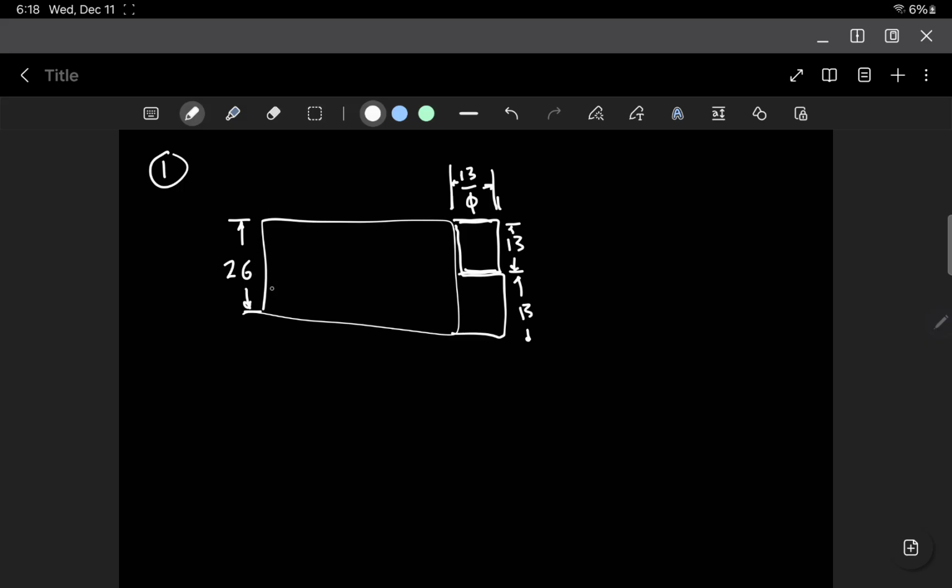And this is the short measurement of the golden rectangle, so this longer measurement here is going to be 26 times phi.